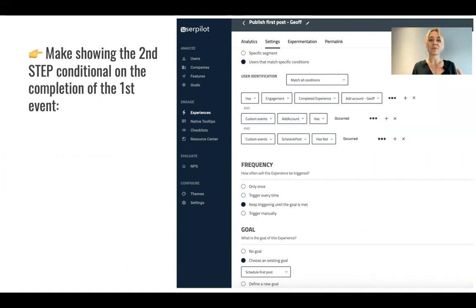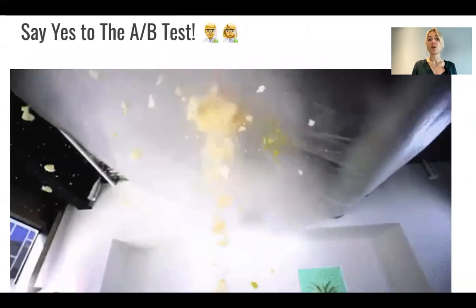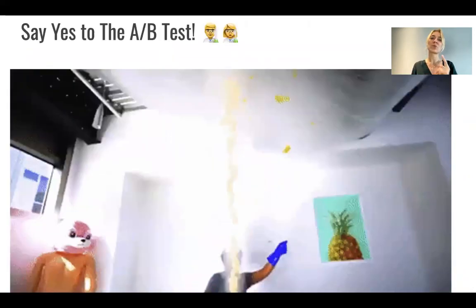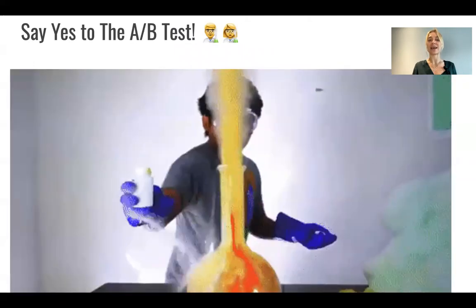So it doesn't happen linearly as it would in a traditional step-by-step product tour, but the second step in the walkthrough is triggered by completion of the first step, right? So we don't want to push the users to take step 2 before they have even taken step 1. Right. And importantly, you need to A/B test.